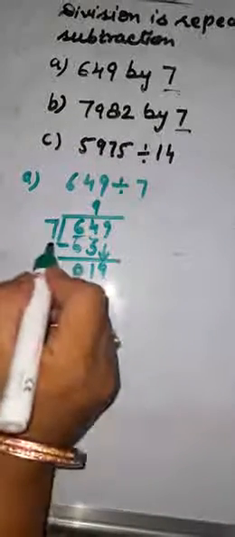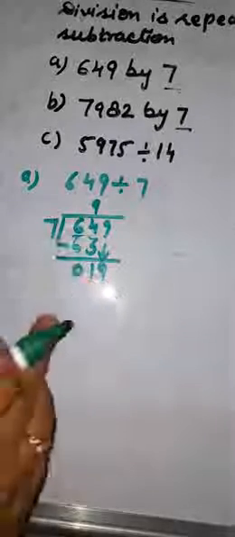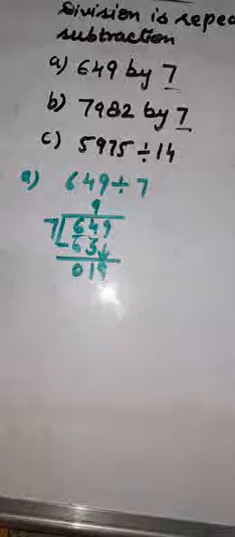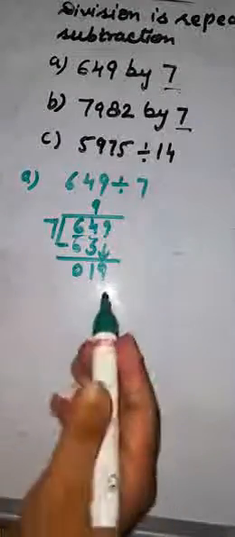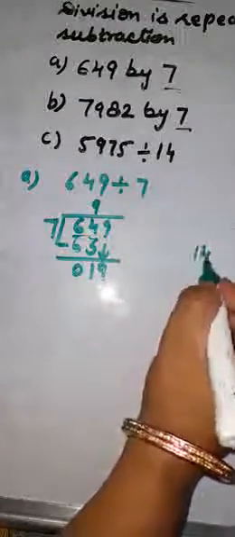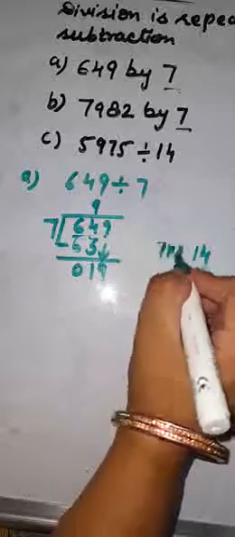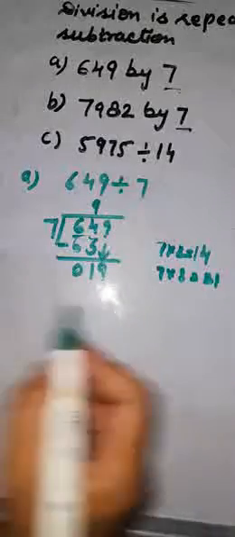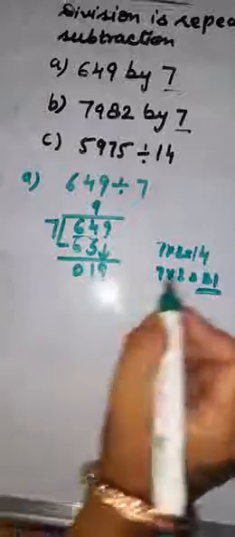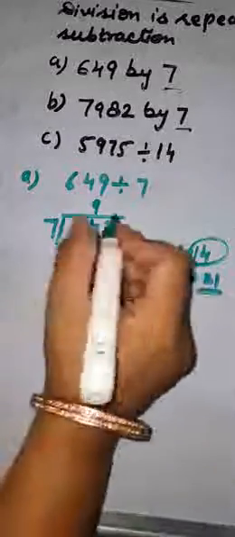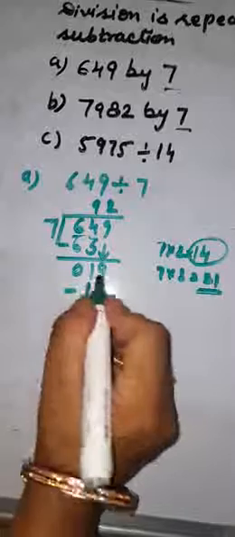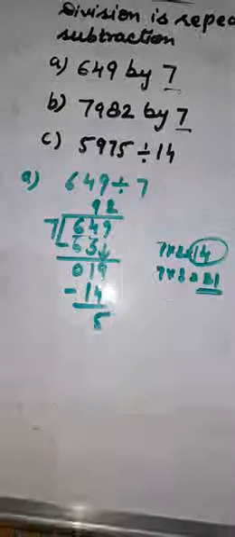Now 19 is greater than 7, so we can easily divide it. Just recite the table of 7. 7 ones are 7, 7 twos are 14, 7 threes are 21. 21 is greater than 19, so we need to write 7 twos are 14. Now subtract it. 9 minus 4, we have 5.